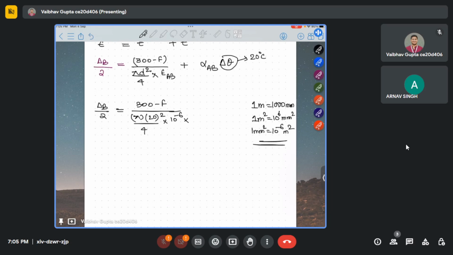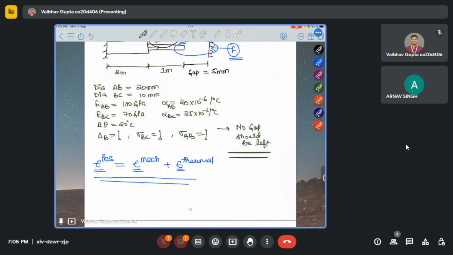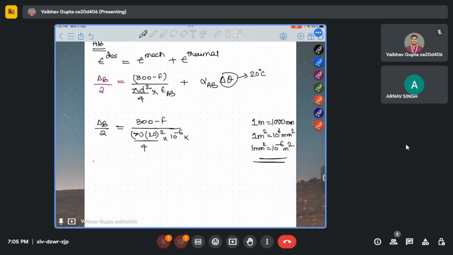E for AB is given in the question as 100 GPa. So E AB is 100 GPa, which is nothing but 100 into 10 to the power 9 Pa. Pa is Newton per meter square. Since force is given in kilonewton, we change it to 100 into 10 to the power 6 kilonewton per meter square.